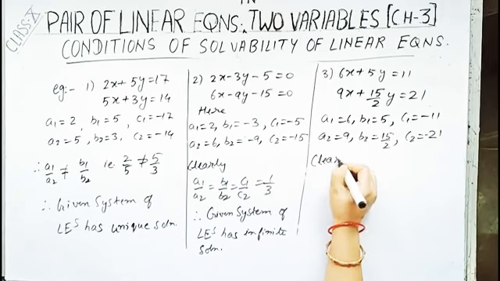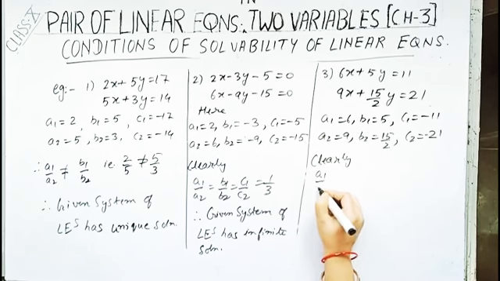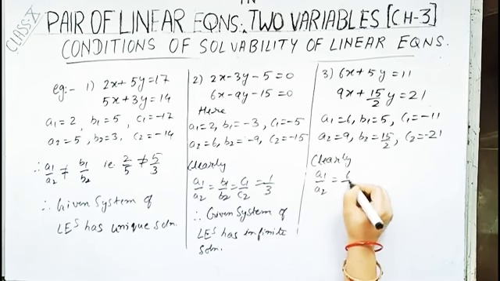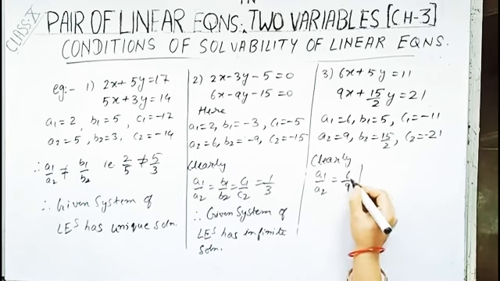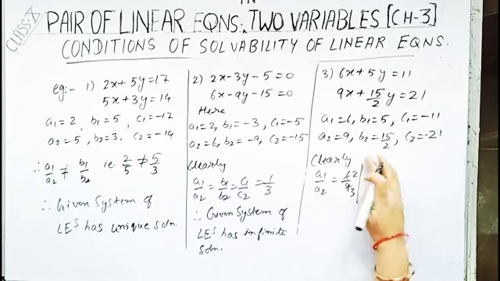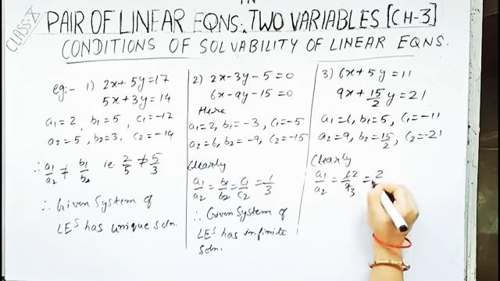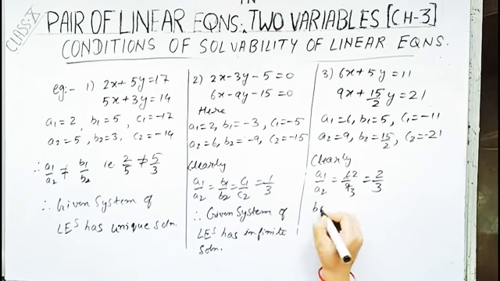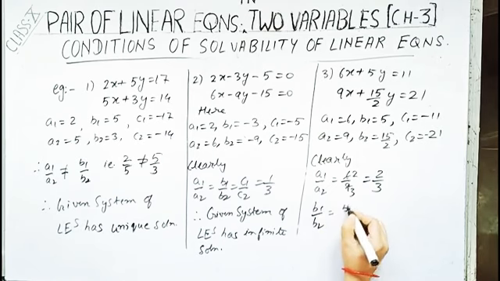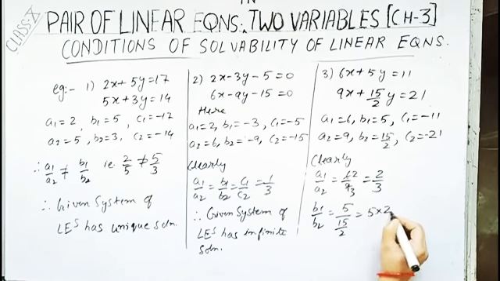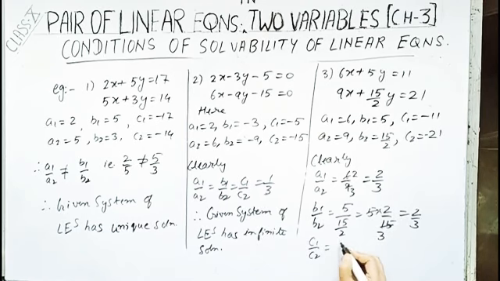Clearly a1 by a2 equals 6 by 9, which equals 2 by 3. b1 by b2 equals 5 divided by 15 by 2, equals 5 into 2 by 15, equals 2 by 3, and c1 by c2 equals minus 11 by minus 21, equals 11 by 21.